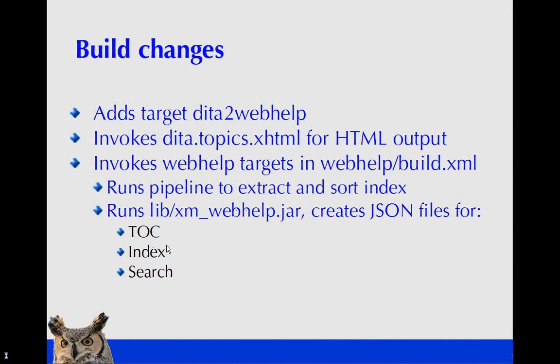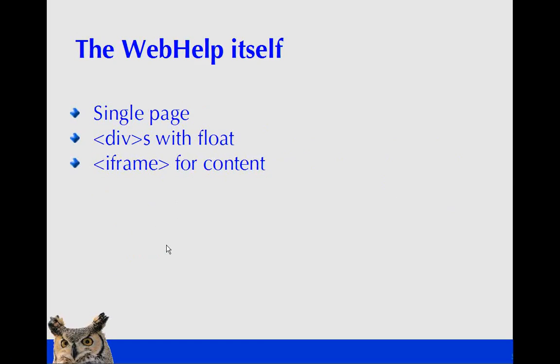So we'll turn to that in just a few minutes. And when gen-webhelp-param is run, it actually runs a Java file, xmwebhelp.jar, and this creates the JSON files, as I said, for the TOC, the index and the search.